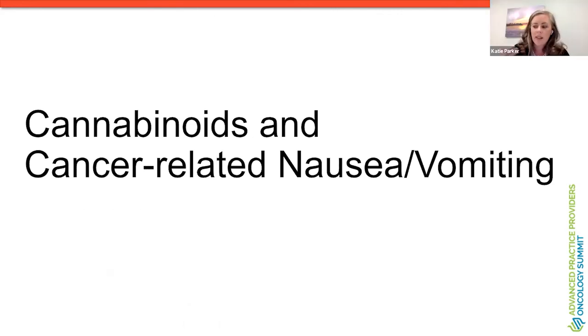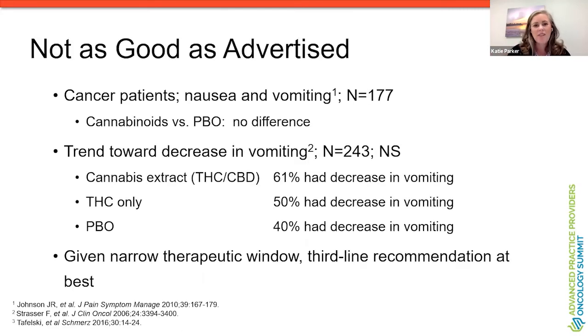And as you may have guessed how this might go, it also has not been shown to be very helpful with nausea and vomiting. It really didn't show much improvement. There was a mild difference between the cannabis product and a placebo, but it wasn't a game changer, let's say.